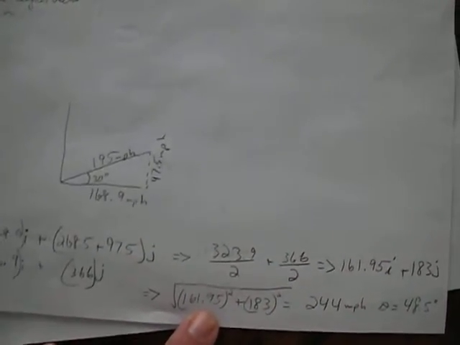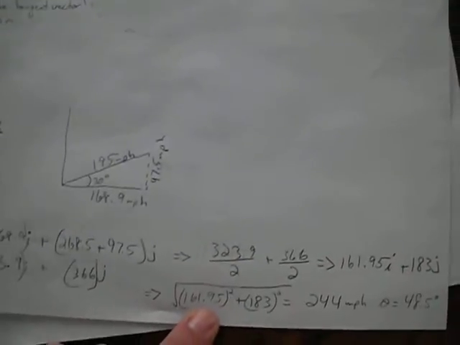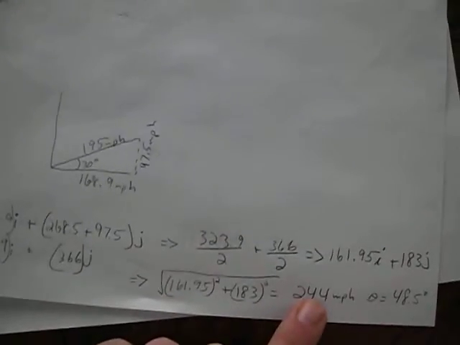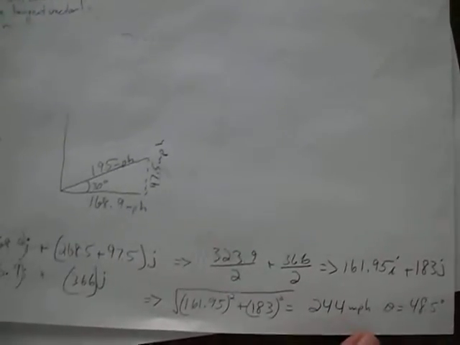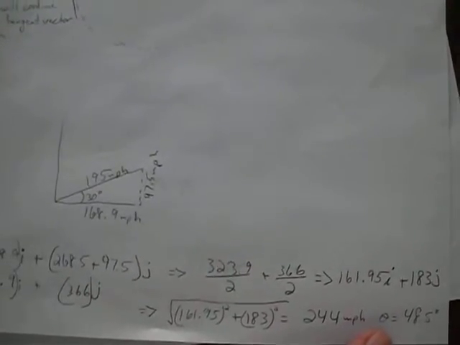So I just basically took the square root of those numbers squared to get a final velocity vector of 244 miles per hour, with the direction of 48.5 degrees.